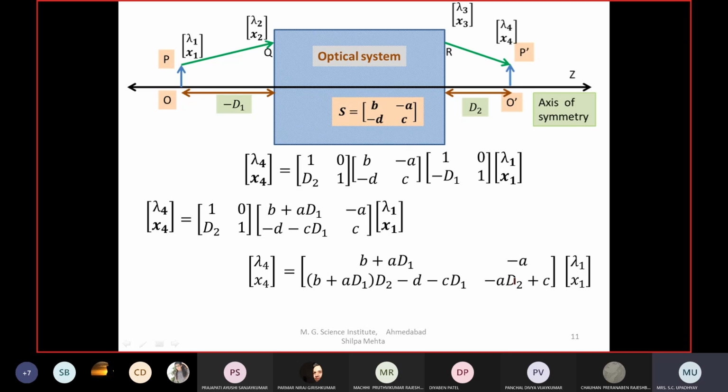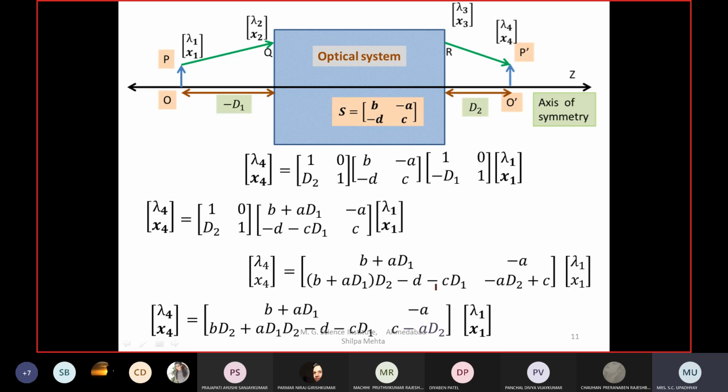Now generally we do not take the negative term first, so let us rearrange this and simplify the multiplication by removing the brackets. So our simplified term is like this: b plus ad1 minus a, this is b into d2 plus a d1 d2 minus d and then minus c d1, and the positive term we are going to write first, so c minus ad2 and then lambda 1 x1.